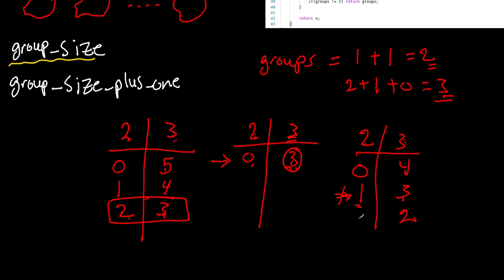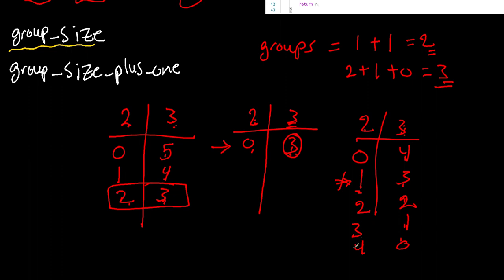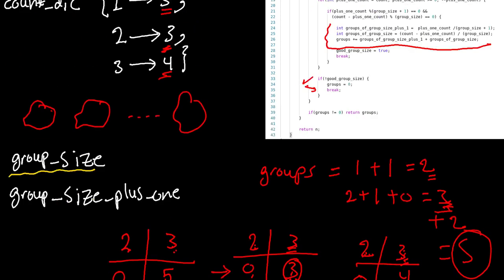Then we try 2 and 2. 2 mod 3 is not 0, 1 and 3, 1 mod 3 is not 0, 0 4, 0 mod 3 is 0, 4 mod 2 is 0, and that means we can create 0 groups of size 3 and 2 groups of size 2. 4 divided by 2 is 2, so we add another 2 groups to this 3, and at the end we have total 5 groups.